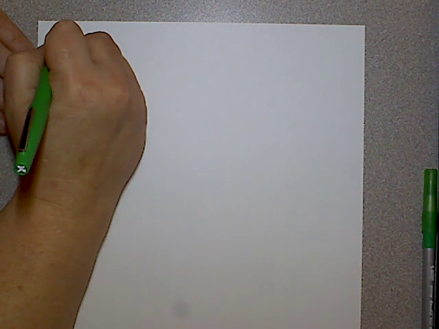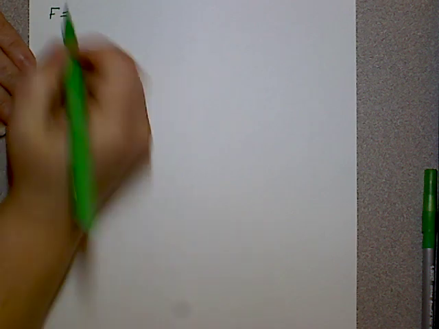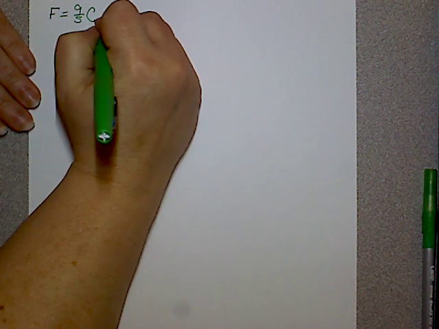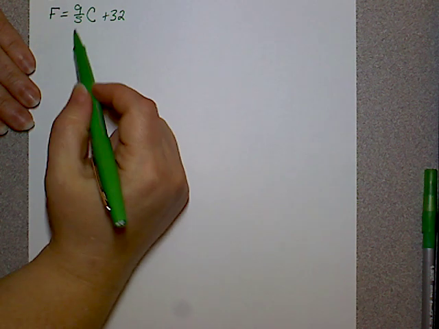It tells you the formula to go from Celsius into Fahrenheit, which is F equals 9/5 times temperature in Celsius plus 32. So that's if you're given Celsius and you're going into Fahrenheit.